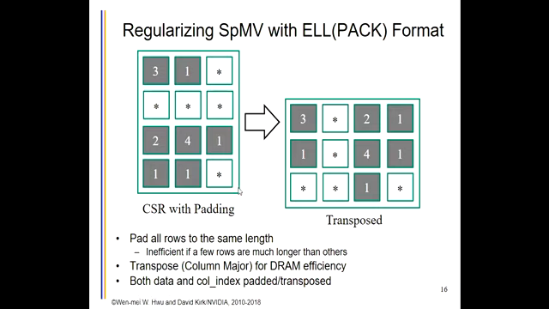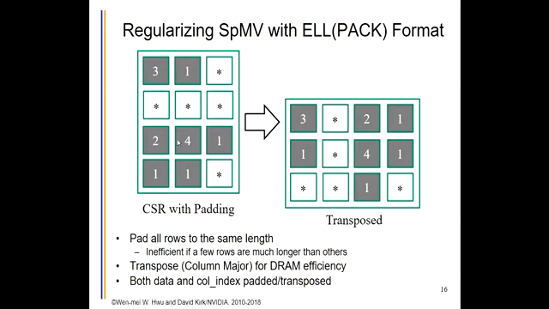So here is what we're doing. We take the CSR representation, which will only have the non-zeros for each row. But then we regularize it. This is the first time we use this term, and you're going to hear it a lot. The way that we regularize it is by taking these rows of different lengths and padding them to the same length.